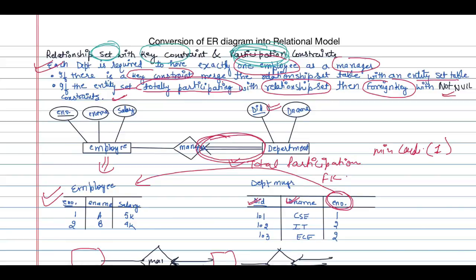They are not discussing the minimum cardinality, or you can say participation is the minimum cardinality. Here we are not discussing the minimum cardinality, but here when I'm saying it is total participation, that means the minimum cardinality or participation is 1. Okay, that is why this is like this only.